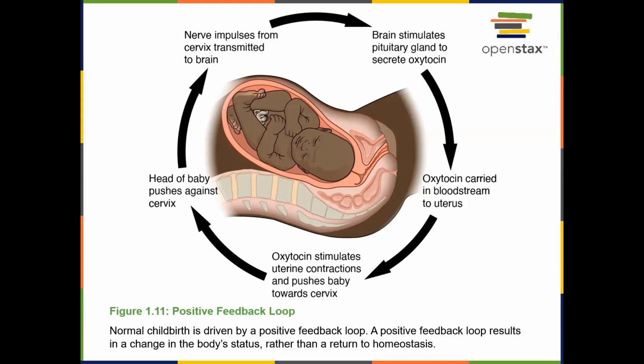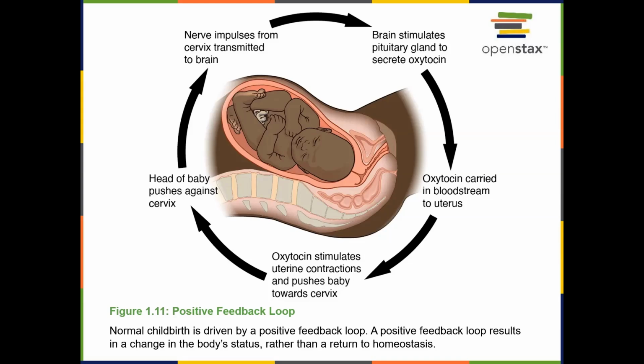There are stretch receptors in a region of the uterus called the cervix. As the head of the baby pushes against the cervix, this stretching is detected and relayed as an input to the control center in the brain.